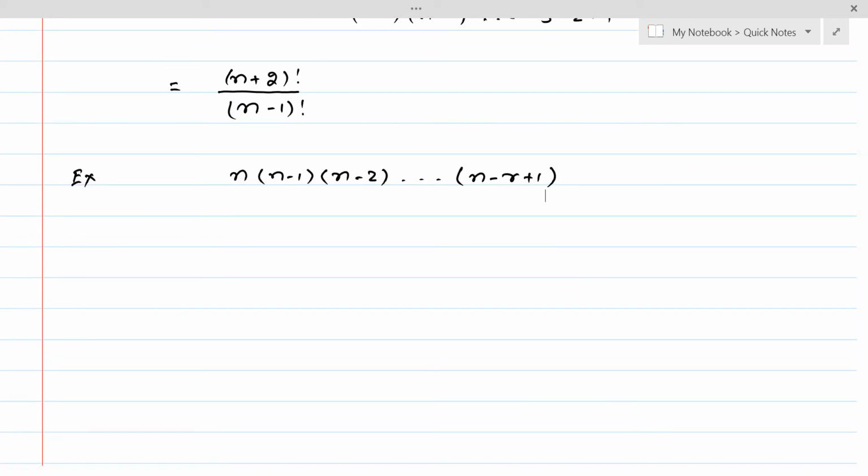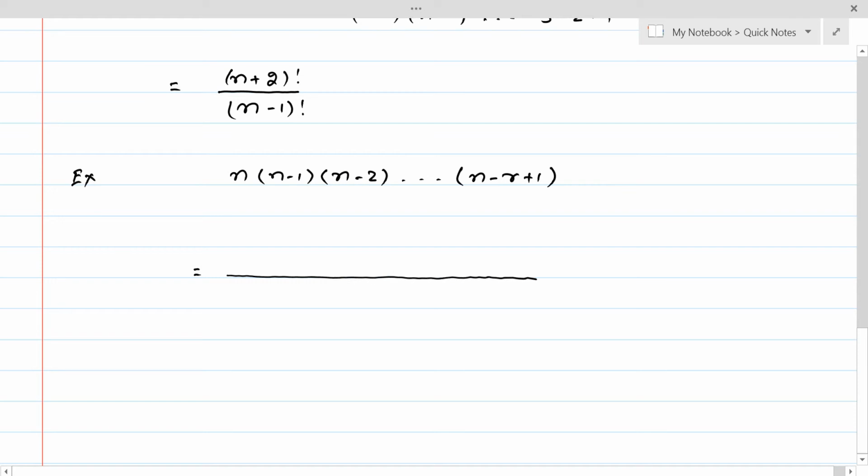To do that, we should first write these numbers in a form which makes sense to us: the first number is n, the next number is 1 less than n, which is n minus 1, the next would be n minus 2, and so on, all the way up to n minus r plus 1.